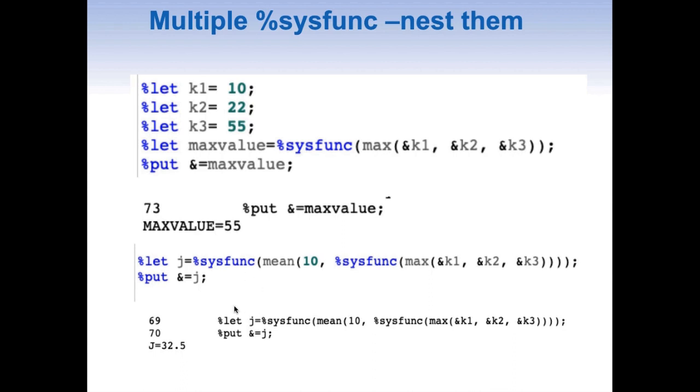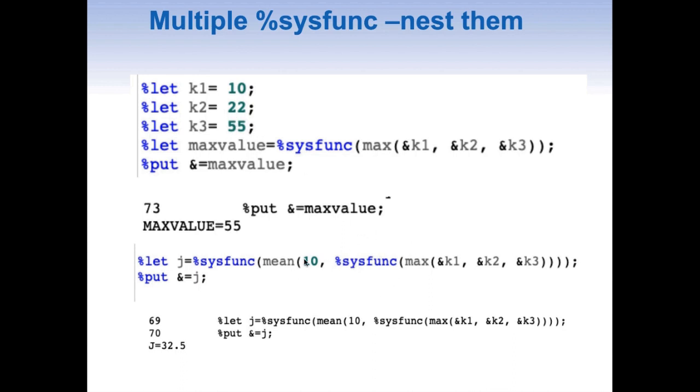We need to add one more %sysfunc, mention mean, start a parenthesis, 10 comma, and then have this %sysfunc for max value. So this nested %sysfunc on the max will give me the max value, and in this case it is 55.